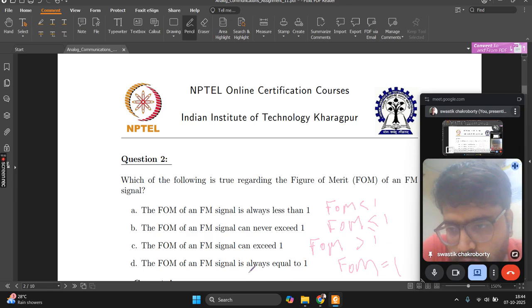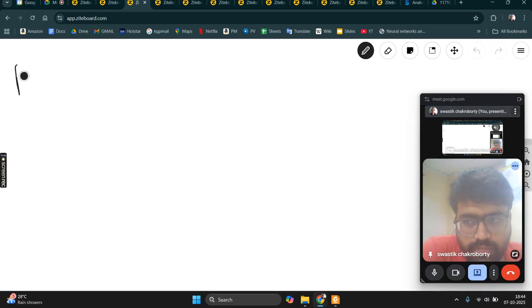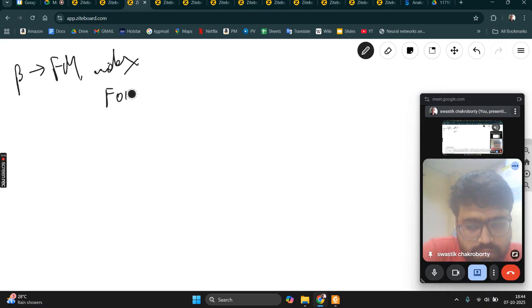FOM is given as 3 by 2 beta square. The figure of merit of FM is given as 3 by 2 beta square, where beta is the frequency modulation index. So beta being the FM index, the FOM is given as 3 by 2 beta square.